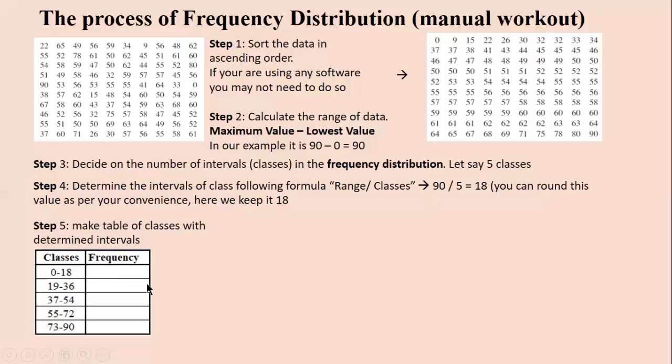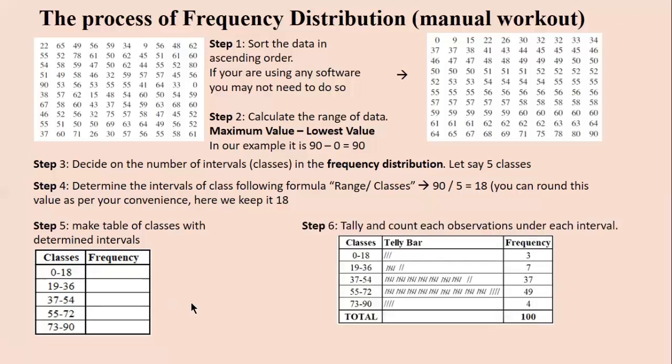So when we have created 5 classes with the 18 interval, now we are able to create a tally and count each observation under each interval. So this is the tally bar. Tally bars means that you put bars into the cells. It means that you have to locate, let's say, the first class, which covers from 0 to 18.